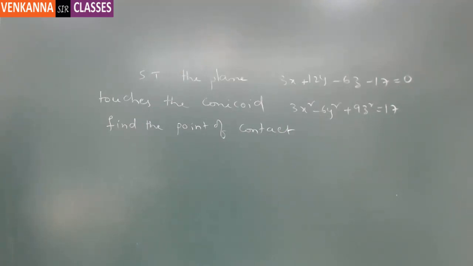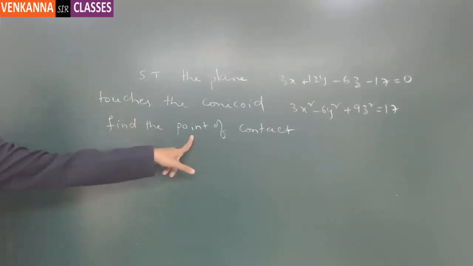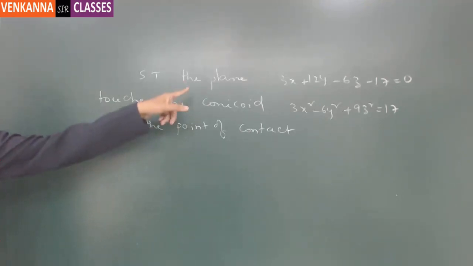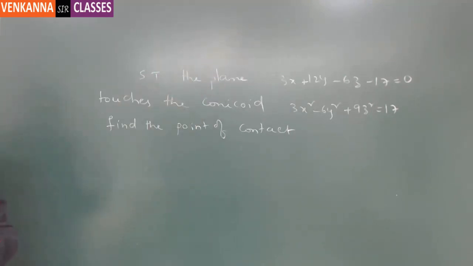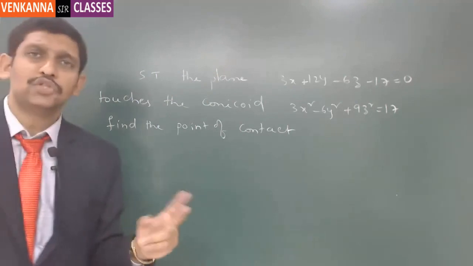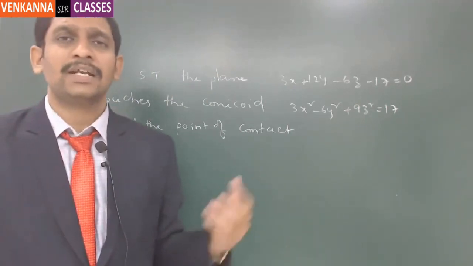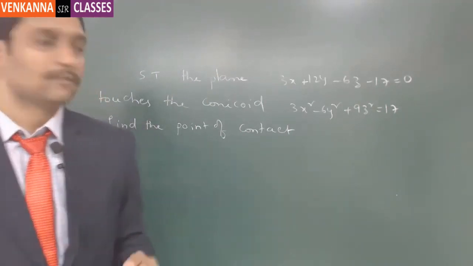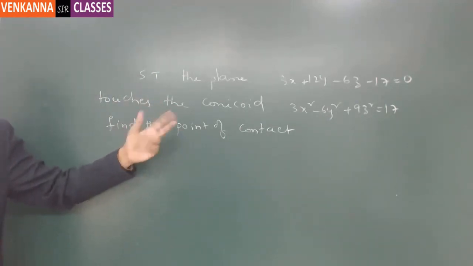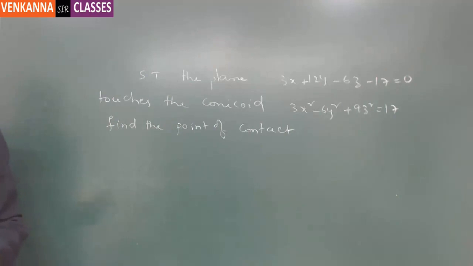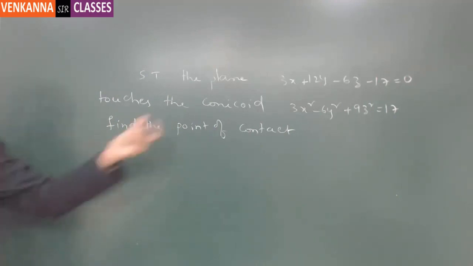It is very similar. I have given a formula to calculate point of contact and a formula to verify whether the plane touches the conicoid or not. So applying these two formulas, you can check whether it touches the conicoid or not. And here, while solving this problem, we will do in a different way. I have given a formula for tangent plane equation.